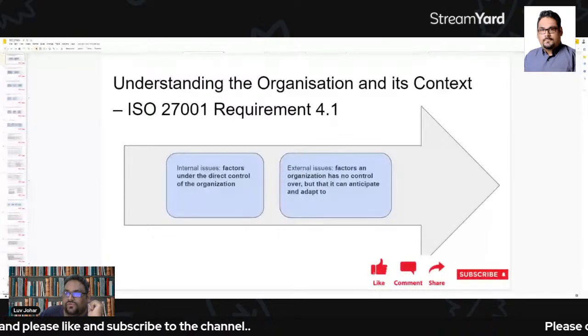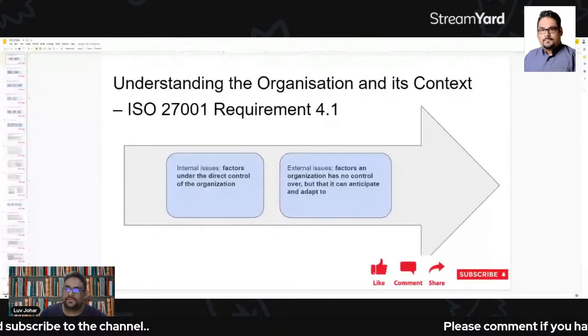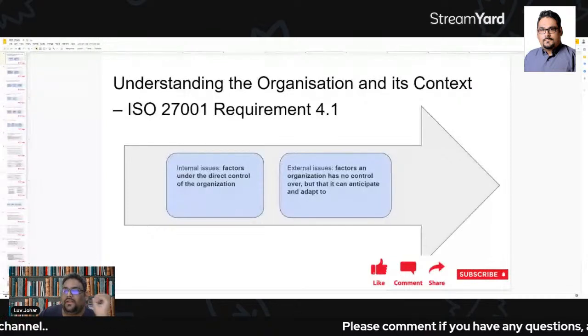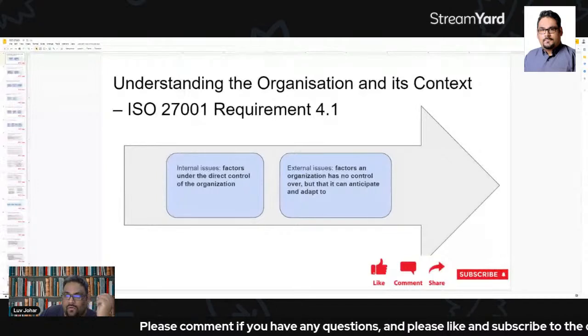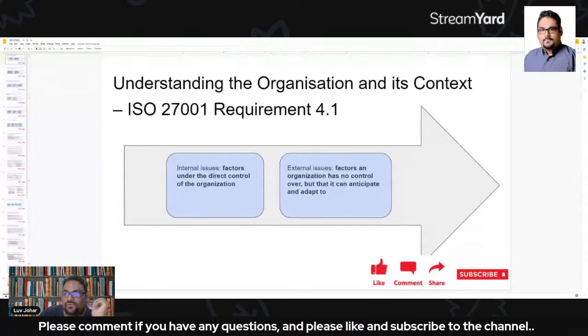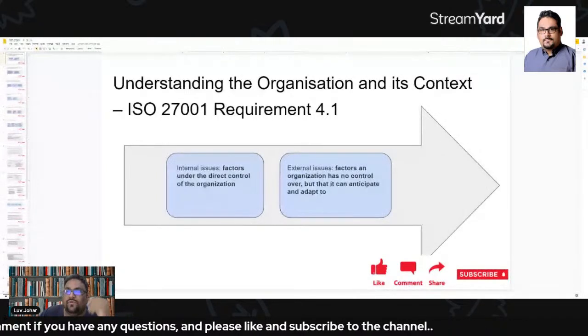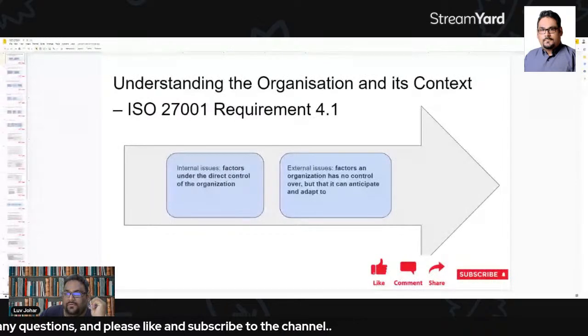Okay. So here you need to understand two types of issues. First of all, internal issues and external issues. So we will see now what are the internal and external issues and what is the requirement here.